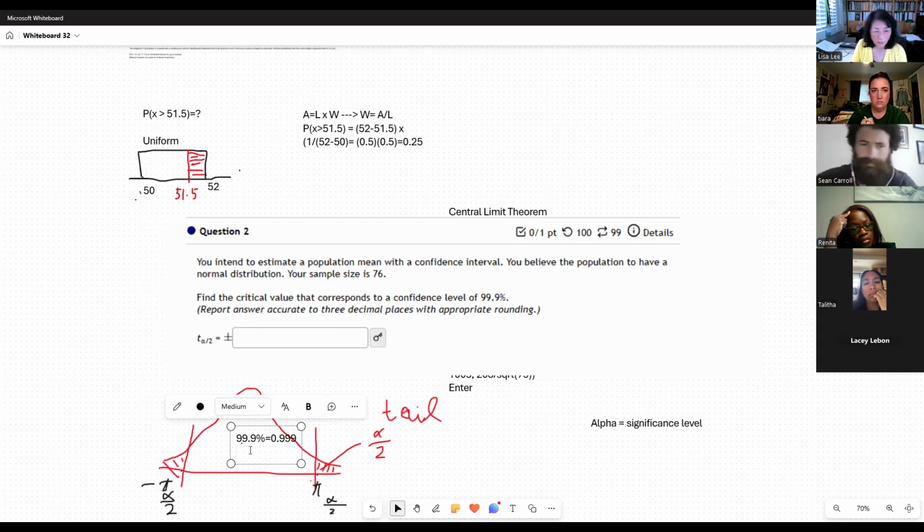For the tail area, you take 100%, or use a 1, and subtract 0.999. So that will give the tail area, right? You will get 0.001, right?